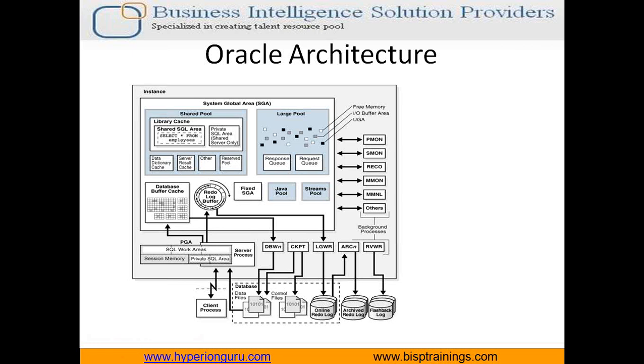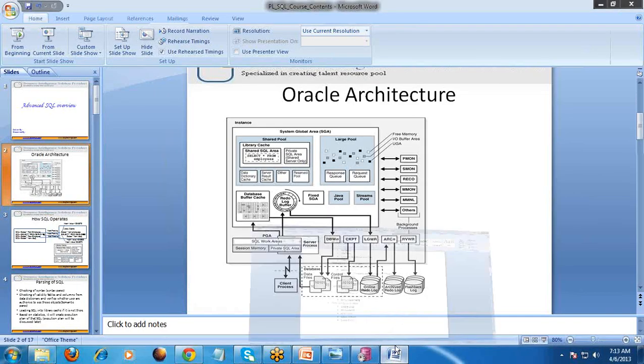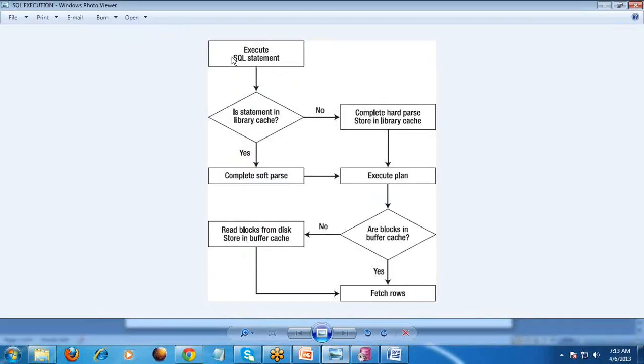Before it executes, Oracle first checks whether someone else from another session has executed this particular SQL or not. Now you see this diagram. Execute SQL statement: first it checks whether this statement was in the library cache or not. If it is there in the library cache, then we call it soft parsing.